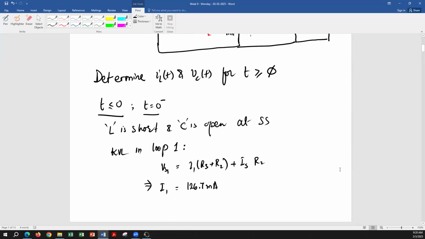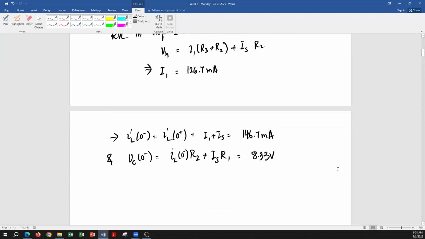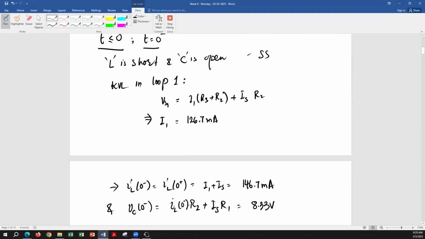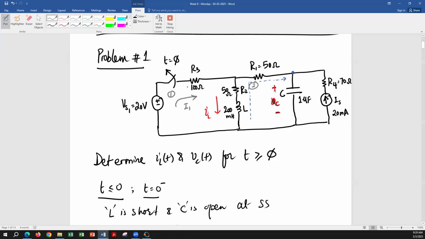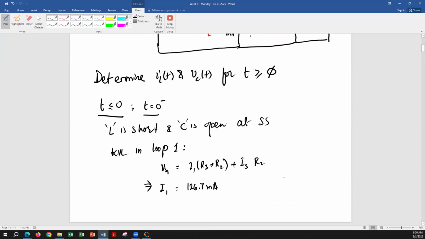Okay, so we find now the two initial conditions, and now we're gonna solve the circuit for t greater than 0. So for t greater than 0, of course, the switch is going to open up. That means R3 is gone, and we are left with this circuit. Let's redraw the circuit.